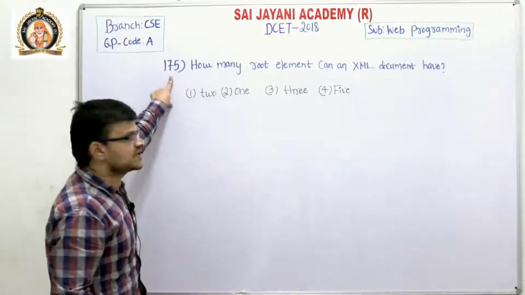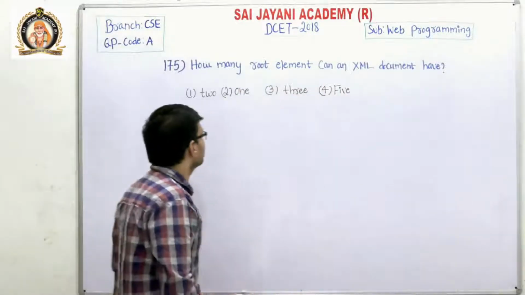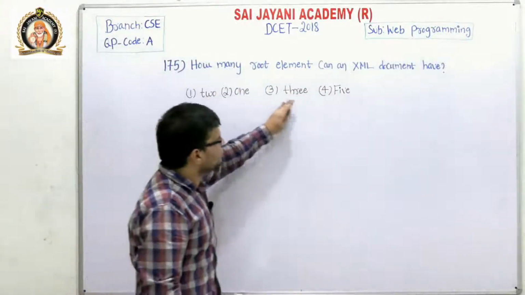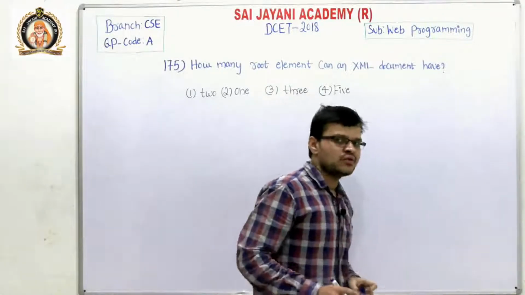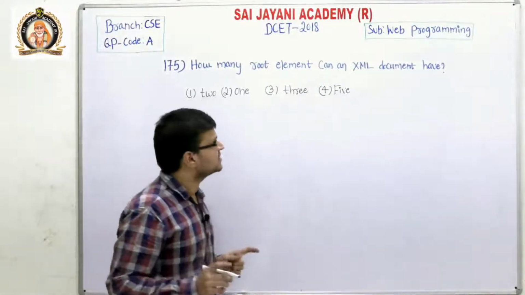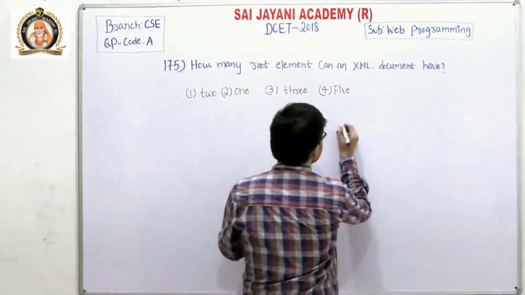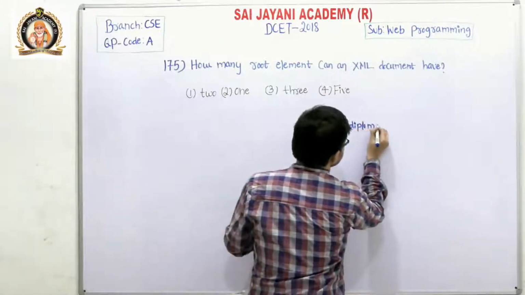Question number 175. How many root elements can an XML document have? We have 4 options: 2, 1, 3 and 5. An XML document can have only one root element and it encloses all other elements. Consider, for example, diploma.